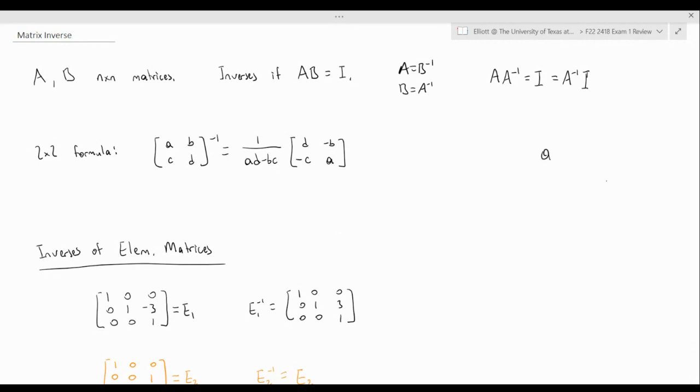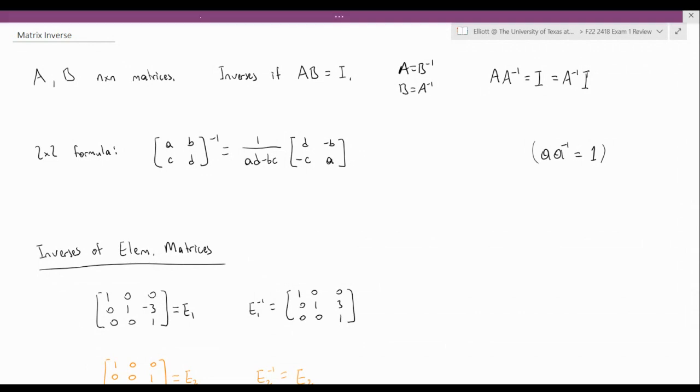That's similar to how taking a number a multiplied by a to the negative 1 would give you the number 1, okay? So it's analogous to that idea with numbers, okay? I'll talk about how to calculate matrix inverses shortly.